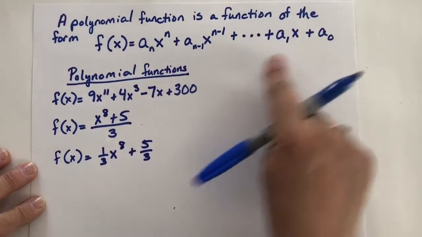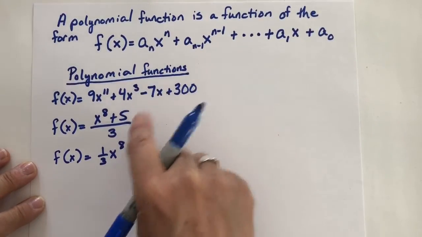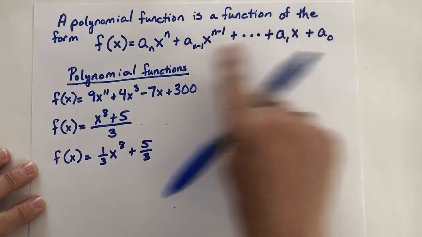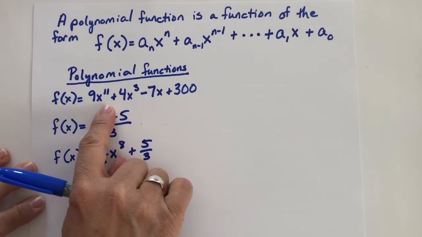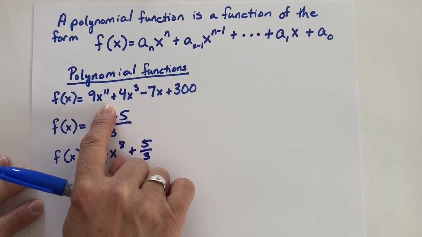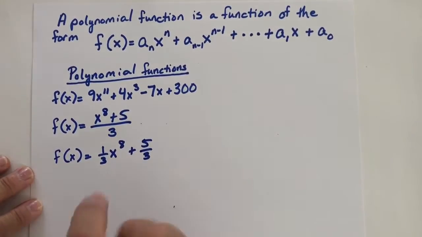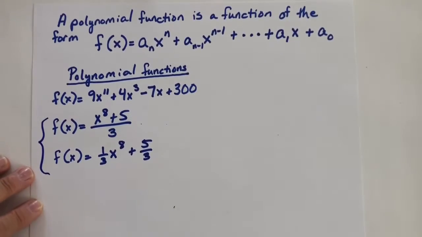Of course, we have some missing terms. There isn't a requirement that every term starting with the highest exponent down to the constant exists. Some of those could have coefficient 0. For example, here the coefficient of x to the 10th was 0 and x to the 9th was 0, and so on. But definitely these fit this model.